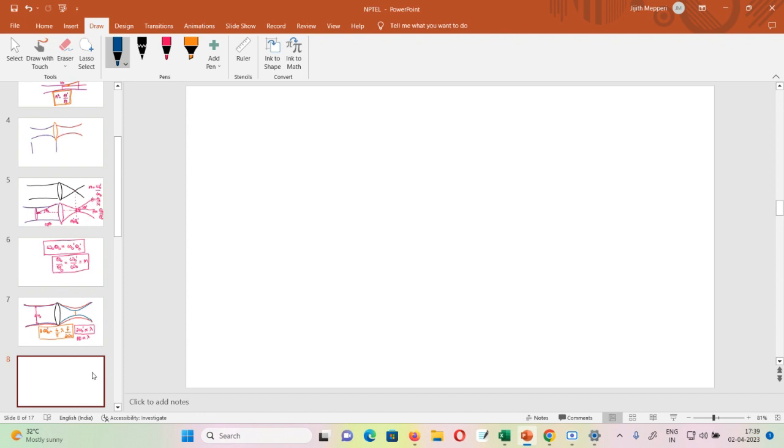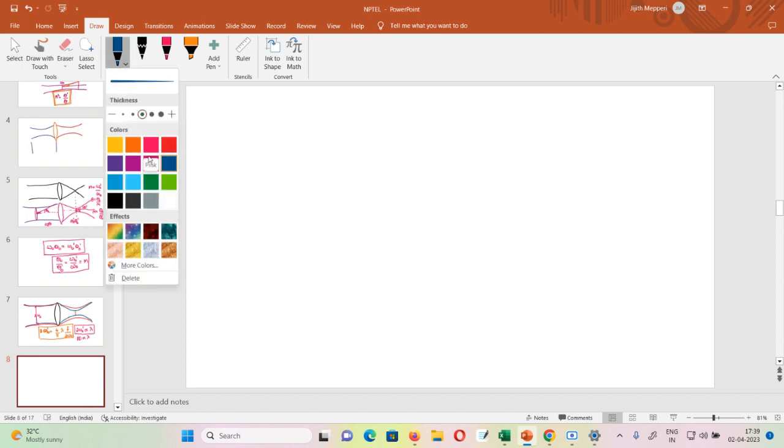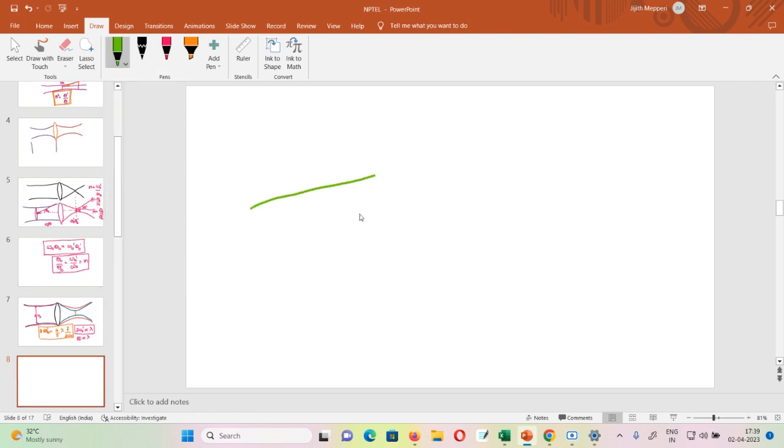Just think that you have a confocal microscope and I have my cell like this, and my cell has a lot of organelles.